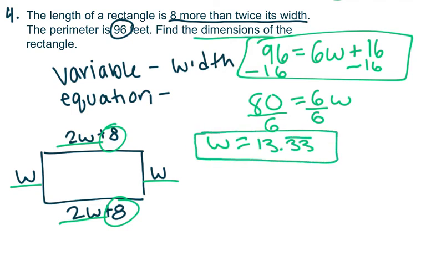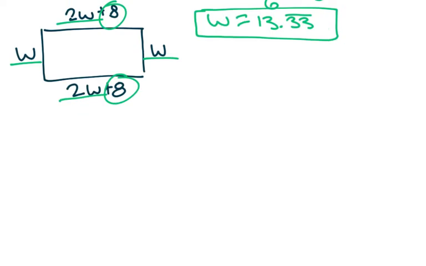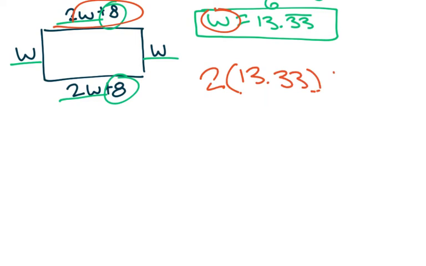It's asking us for the dimensions of the rectangle. We have the width, now we have to use that width to figure out the length. We know that the length of this rectangle is 8 more than twice the width. We can easily figure that out by plugging in our width into our original equation. So we will have 2 times 13.33 plus 8.